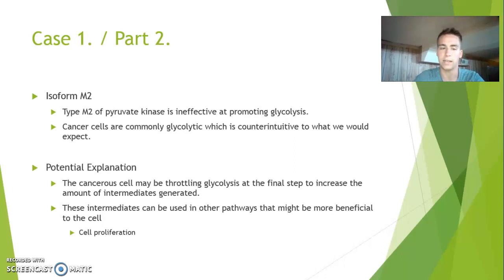The idea is that by encouraging the cell to go through glycolysis, you generate the intermediates relevant within the process, and then by throttling it at the end, the intermediates are not getting used and can therefore be repurposed by the cell for other types of biosynthesis.